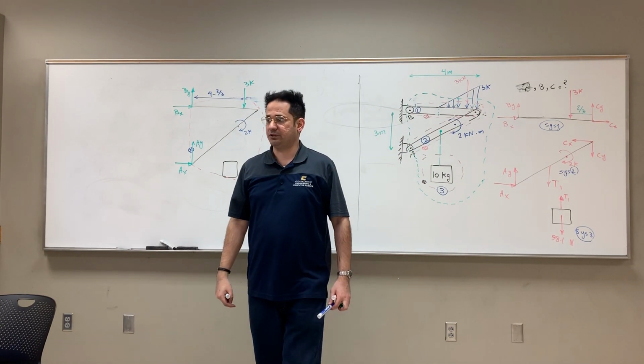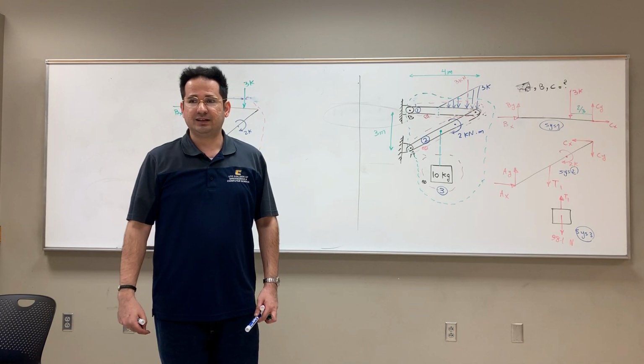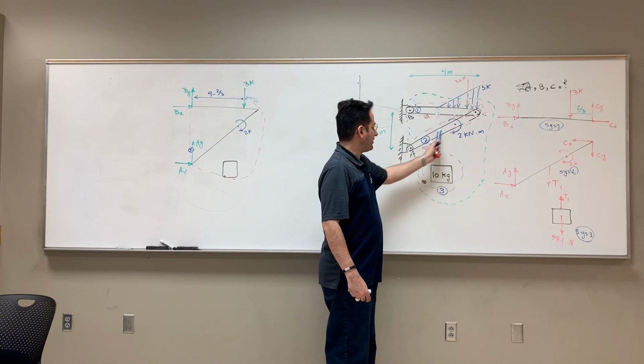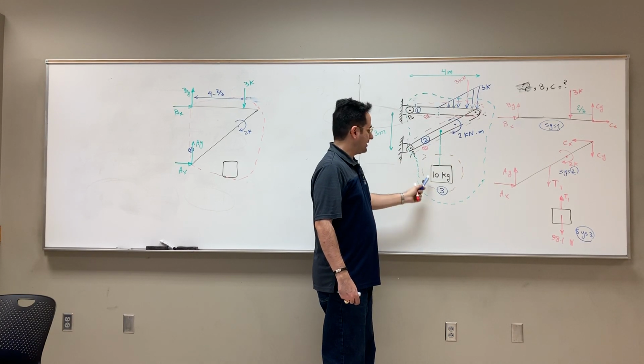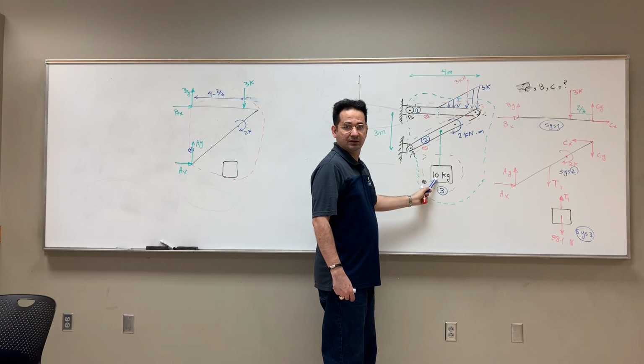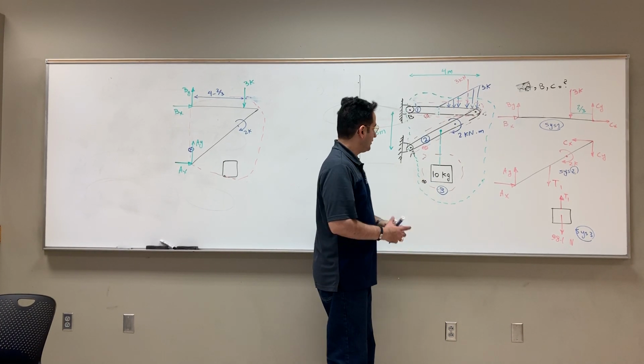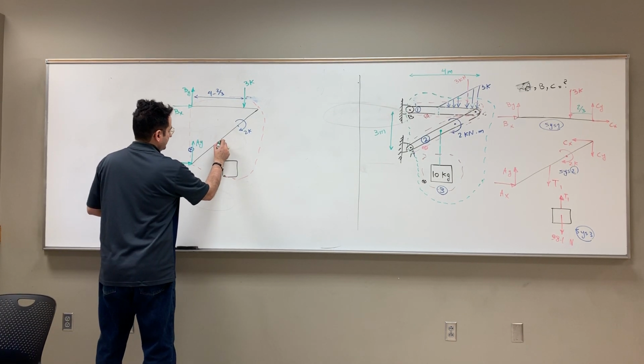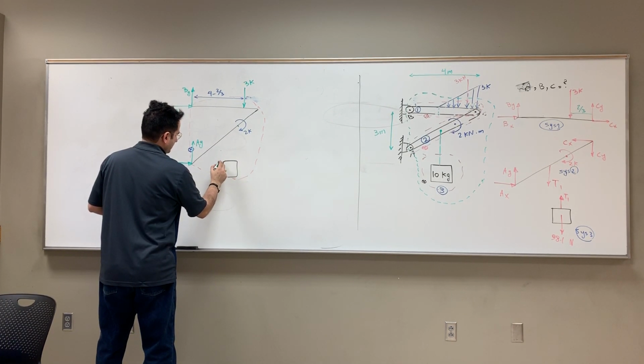Now what about body force? There is a body force, even if you ignore the mass of this guy and the mass of this guy, there is a mass here. So in this system, I put a body force too, which is right here.